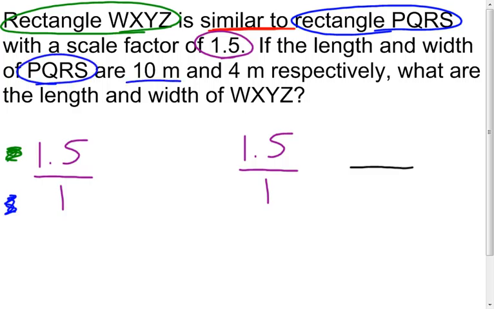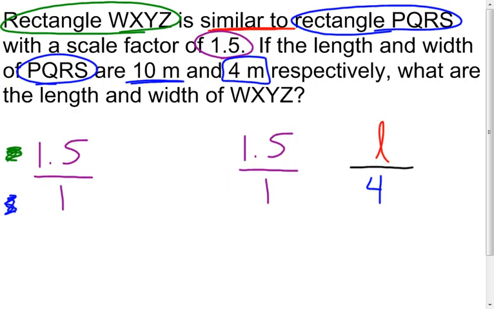So the length is 10 and the width is 4. Now I'm working with length to start off with. So my 4 meters, I can put in the denominator of this ratio, because if you remember back here, my 1.5 went with the green, the 1 went with the blue as far as what I'm using for color up there.